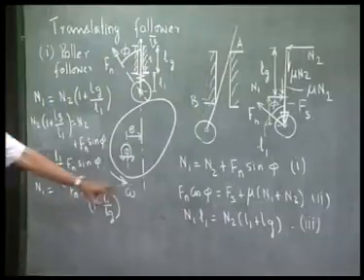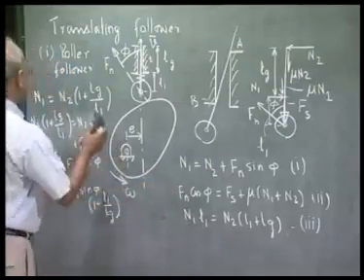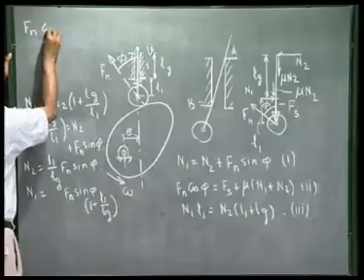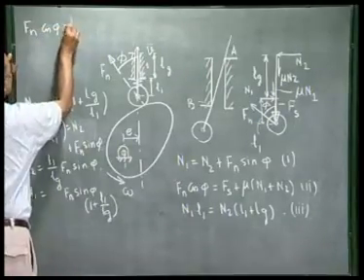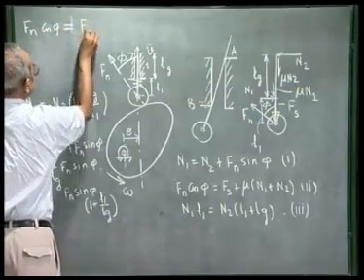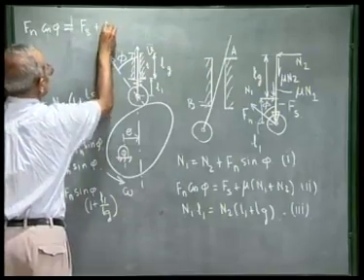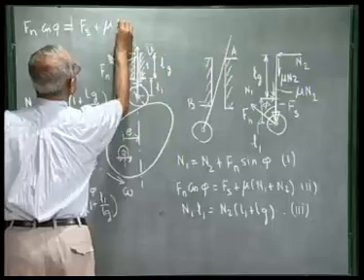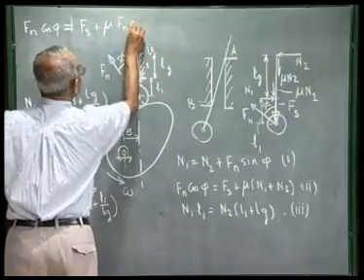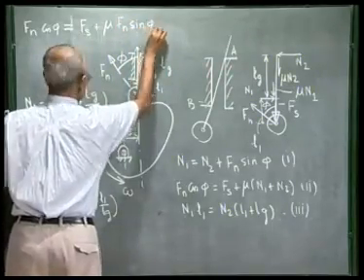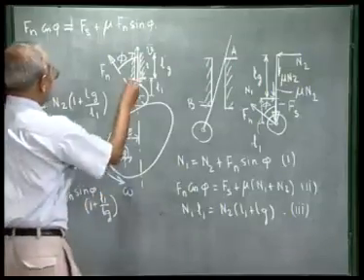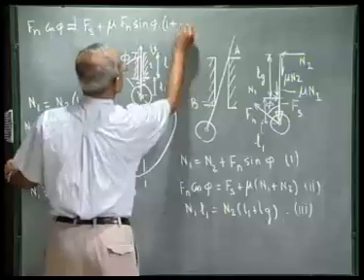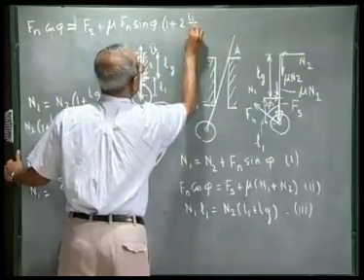Now, using the second equation, now I can write Fn cos phi equal to Fs plus mu times N1 plus N2, which is Fn sin phi into 1 plus 2 L1 by Lg.